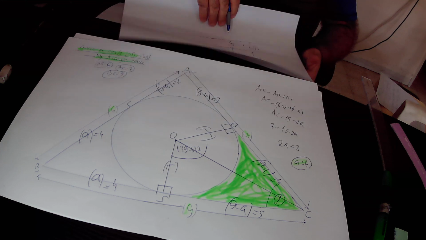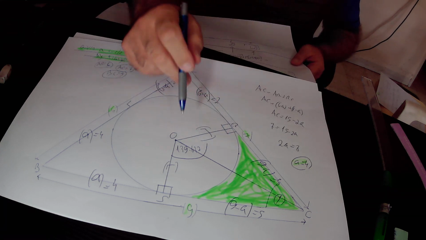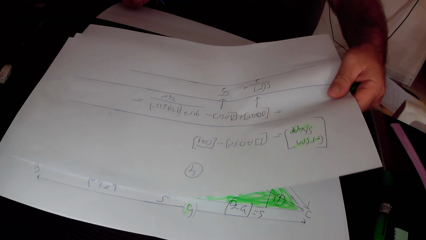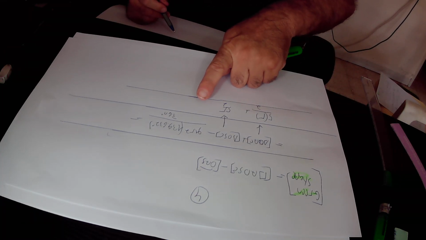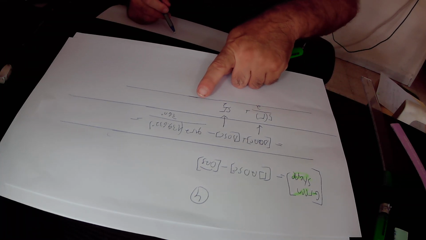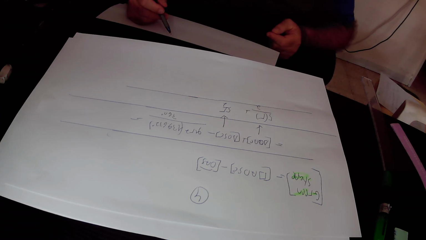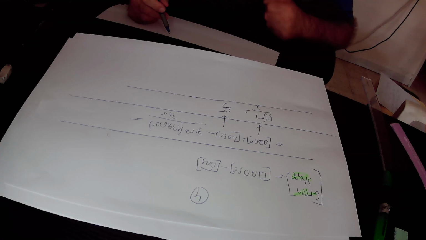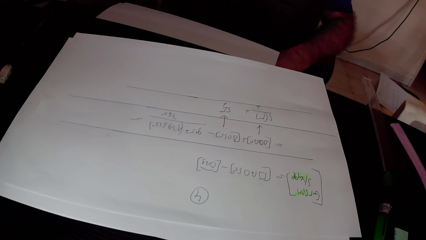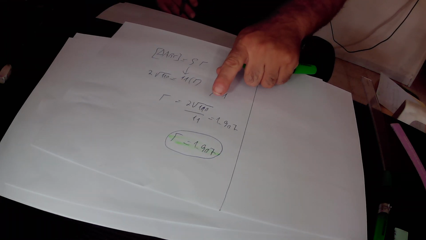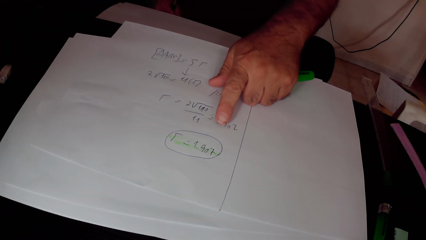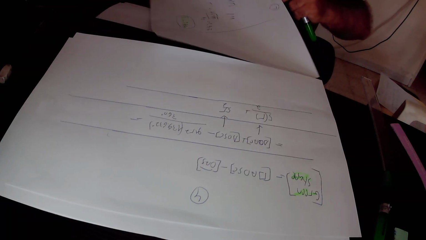Minus the area of this sector OQS. We found that the area of sector OQS equals pi r squared times 139.632 degrees over 360 degrees. We already found that R equals 1.907 units in its length.